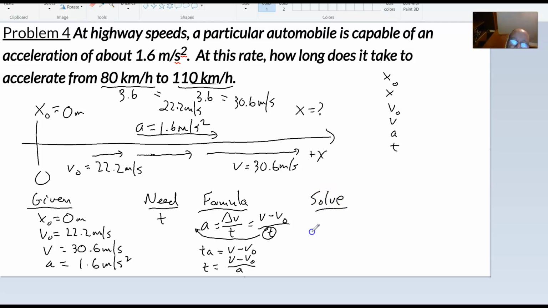So I write out, solve t equals, my final velocity was 30.6 meters per second, my initial velocity is 22.2 meters per second, and we're dividing by 1.6 meters per second squared.